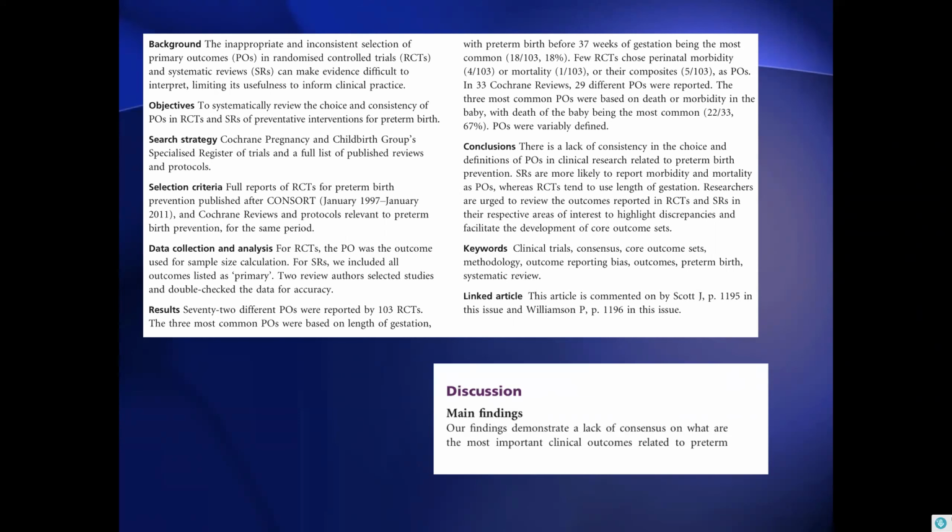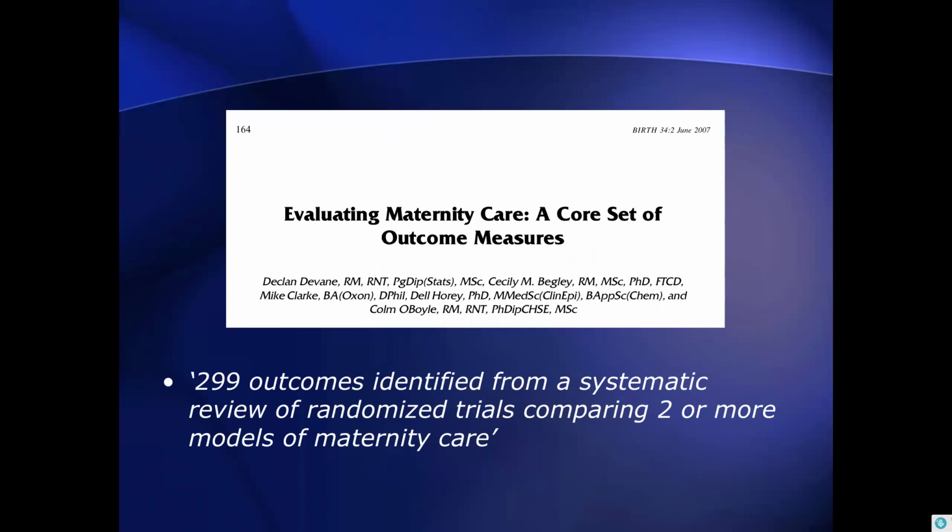An early example of some of this work, when I think many people who are doing research face this problem. One trial that we were setting up looked at evaluating two different models of maternity care, and we sat down with the key stakeholders involved in this, which was obstetricians, midwives, neonatologists, general practitioners, public health nurses, and women.